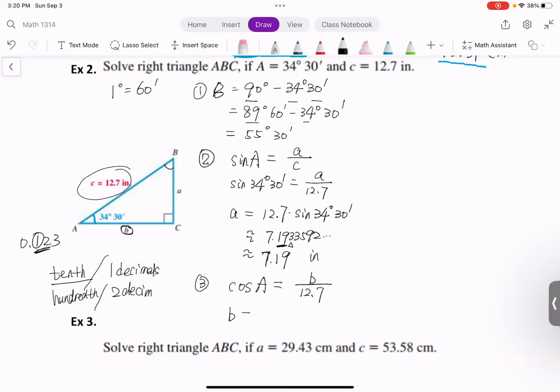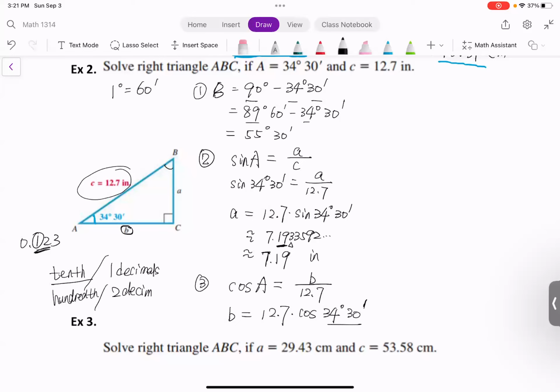So for B, multiply both sides by 12.7, I have B equals 12.7 multiplied by cosine A. Cosine A is 34 degrees, 30 minutes. You can also convert this DMS form to degree mode. So that is 34.5 degrees. You can also just input this in your calculator because the calculator supports the DMS form.